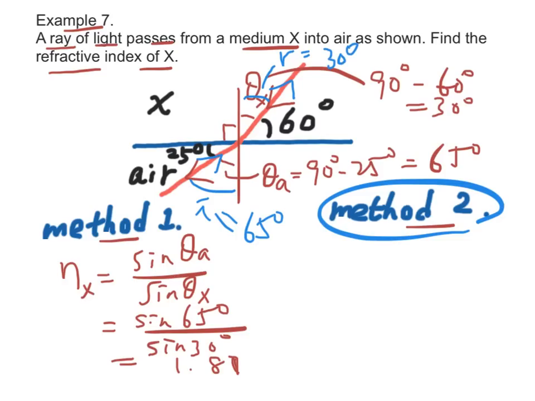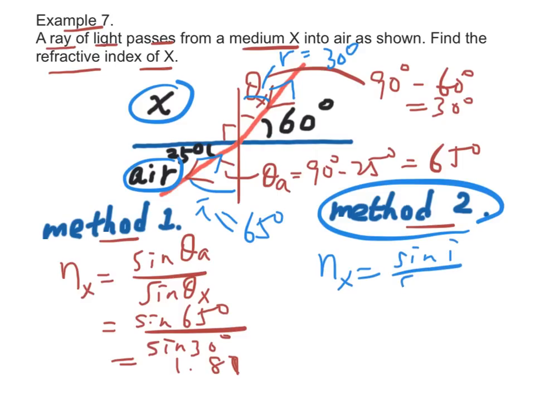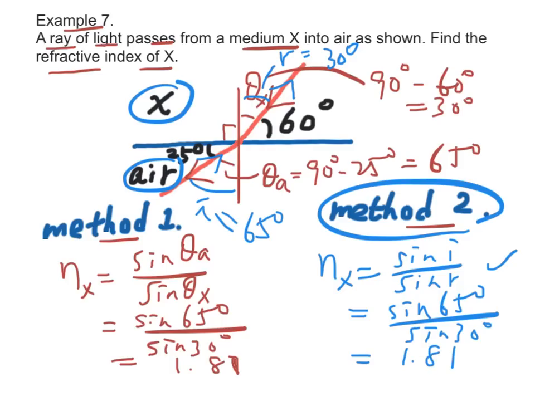Since at this time, the light wave travels from air to X, then we have n_X equal to sine I over sine R. This formula can be applied. Therefore, n_X equal to sine 65 degrees over sine 30 degrees, which is equal to 1.81. We got the same result.